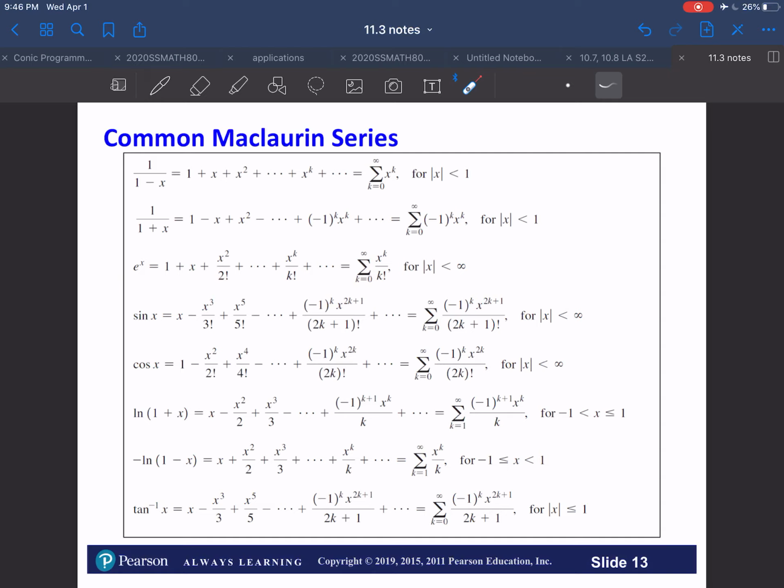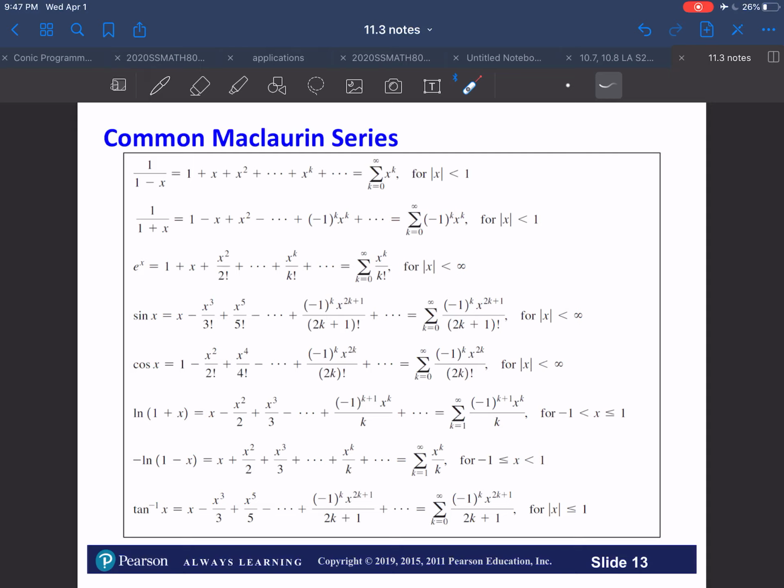And so, yeah, just looking at some of these, this series, which we discussed in section 11.2, is that geometric series. Basically, we can write this function as the sum from k equals 0 to infinity of x to the k, but only if the absolute value of x is less than 1. It doesn't work if it's outside of that. And then for this series, it's very similar. We just replace that x with a negative x, and we get this guy, once again, if absolute value of x is less than 1.